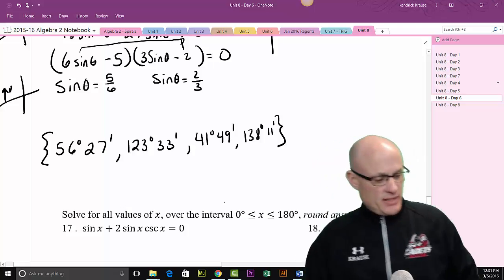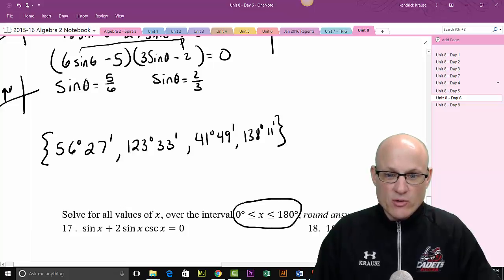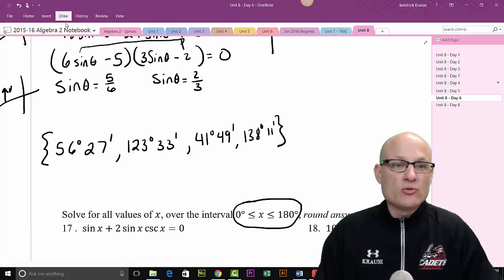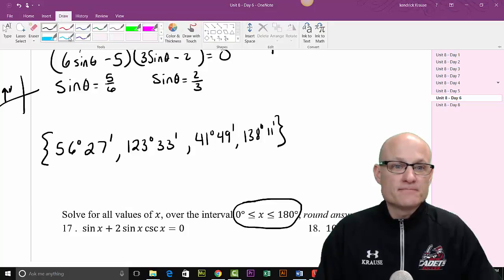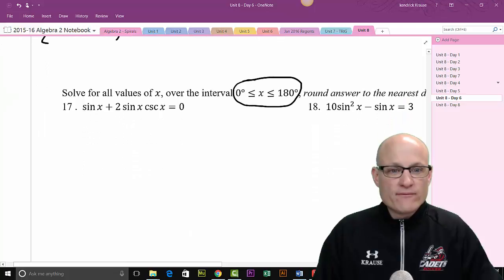Now we're going to 17. Notice for 17, we're only going to pick angles between 0 and 180, but I can include 180. Oh, wait a second. That's okay. They got a GCF. They both have a sine.